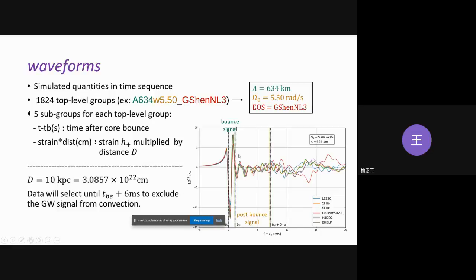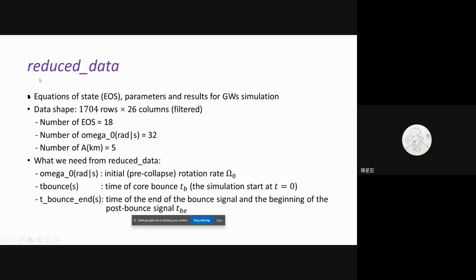And here it shows the waveform for 6 EOS. So we will select the signal before T_b plus 6 ms to exclude the effect of convection here. Okay, what is reduced data?